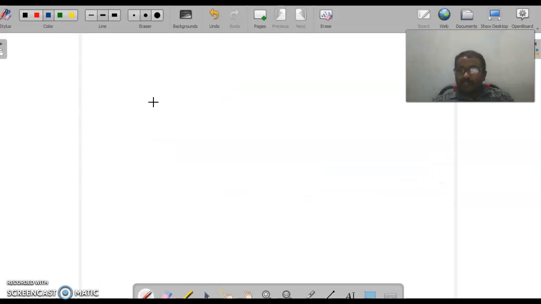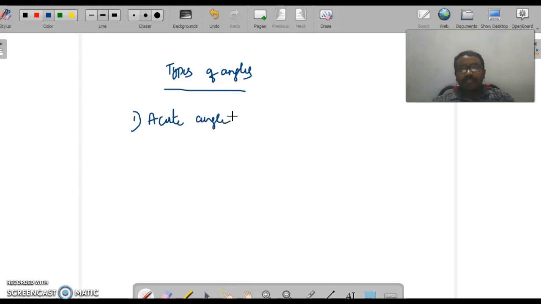Now I am going to explain the types of angles. What are the types of angles? The first one is called the acute angle. The second one is the right angle. The third one is called the obtuse angle.